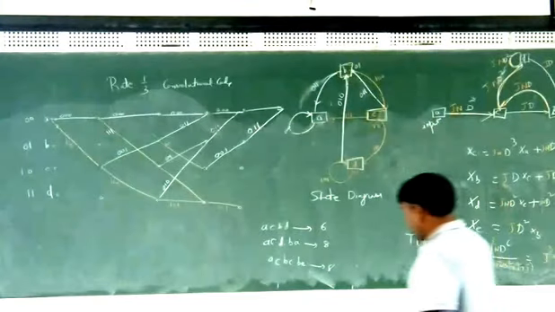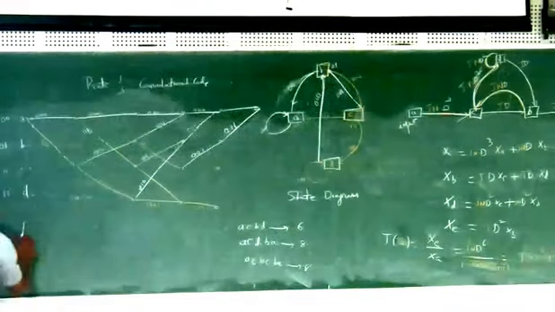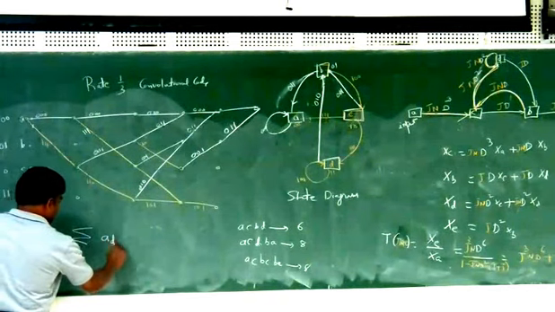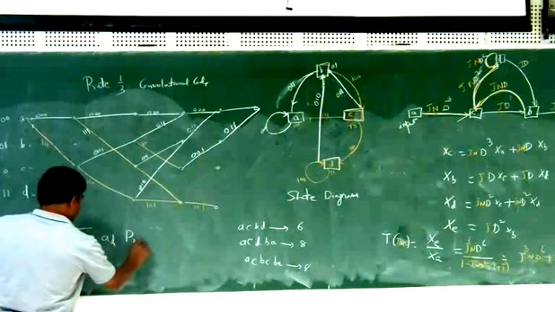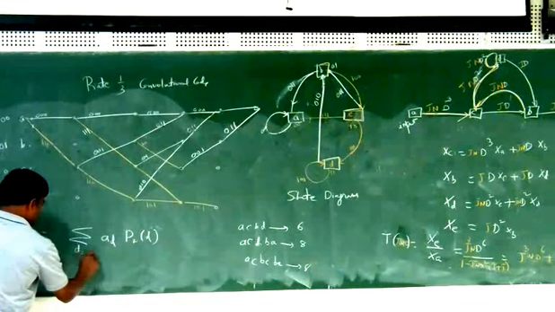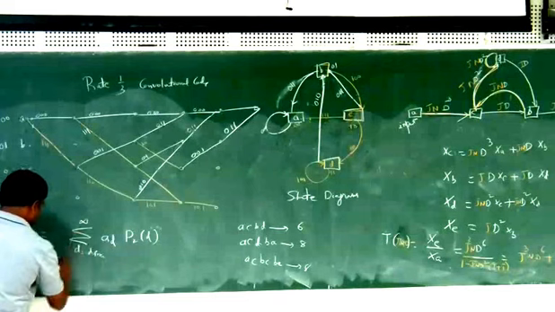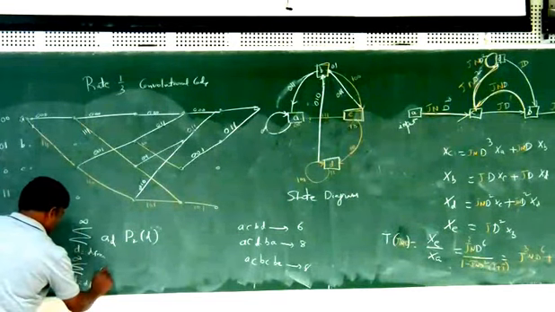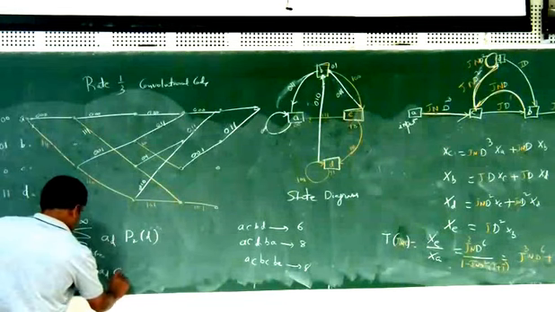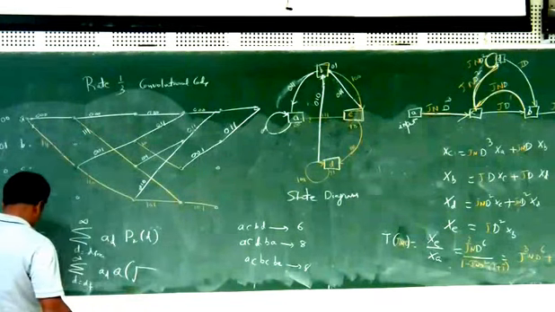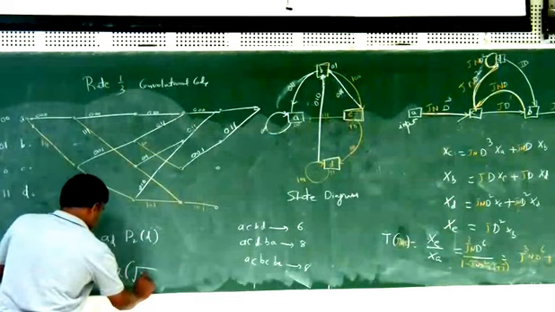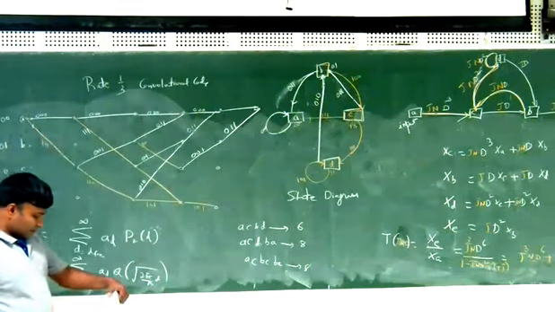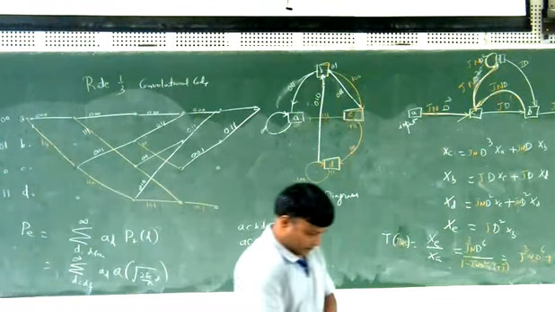Remember, the pairwise error probability was derived as sum over d from d_free to infinity of A_d times P2(d), that is equal to A_d times a Q function of square root of 2 Ec by N naught into d. This is a pairwise error probability.